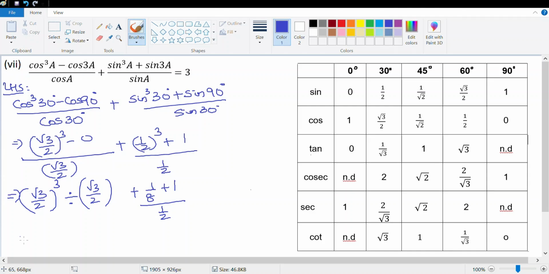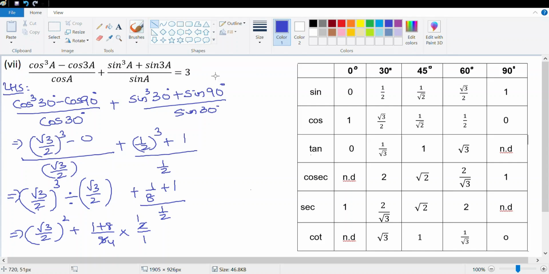Now this is base equal, so I'll subtract the power. So this becomes root 3 upon 2 square plus, if I take the LCM in the numerator, the LCM is 8. So this is 1 plus 8 upon 8 multiplied with 2 upon 1. So 2 1, 2 4.